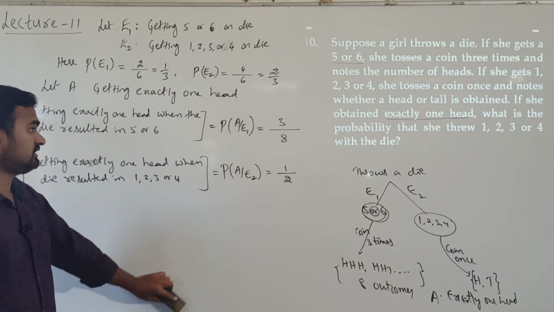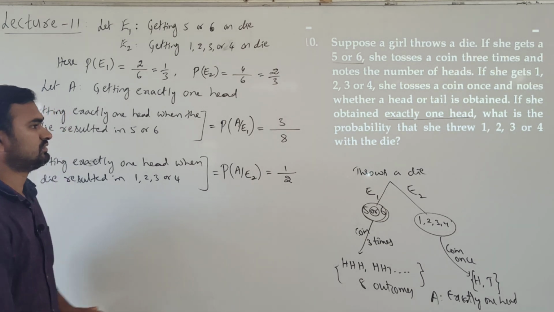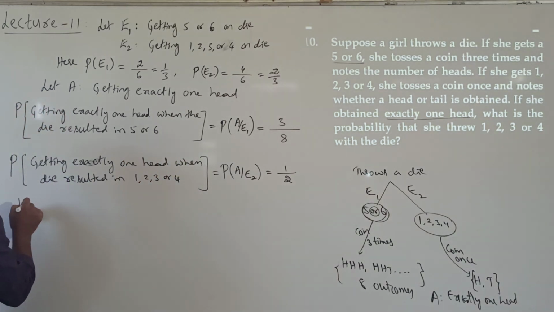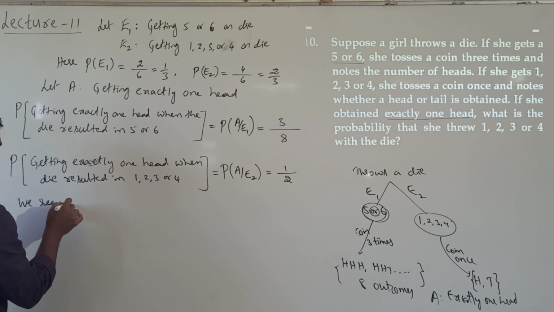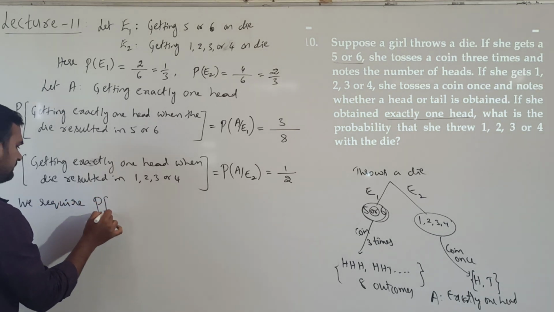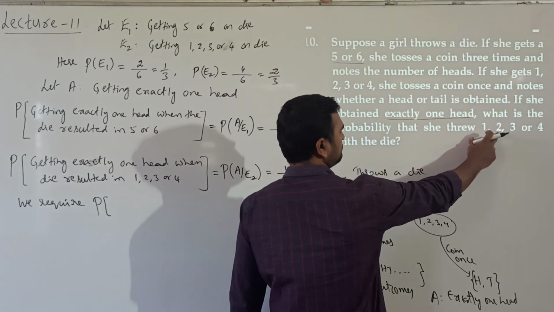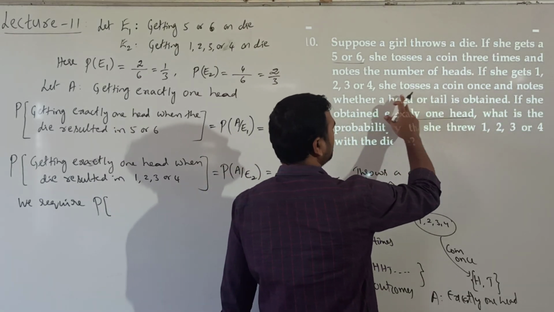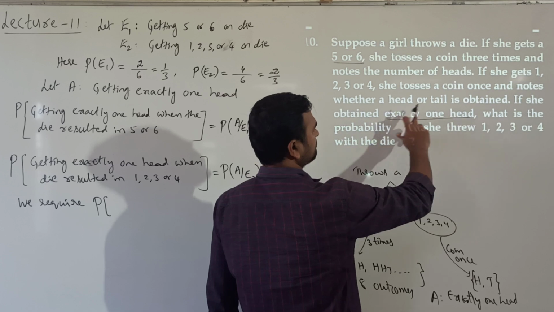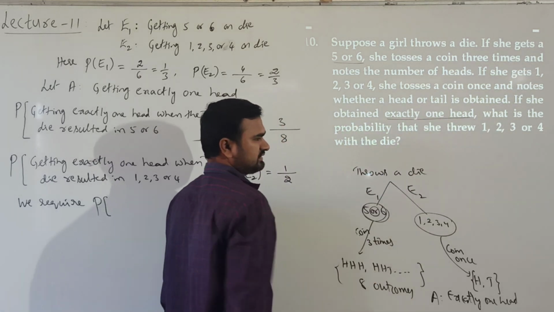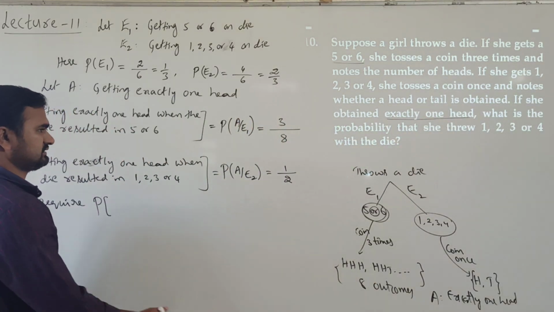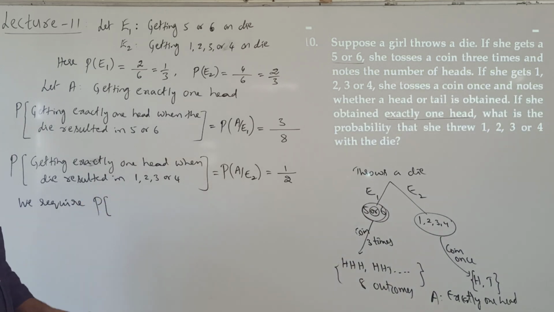So, we know P of A given E1, P of A given E2. Now, what do we require? We require the probability that she threw 1, 2, 3 or 4. What is already obtained? She obtained exactly one head, so event A has already occurred. Now, what is the probability that she threw the numbers 1, 2, 3 or 4?